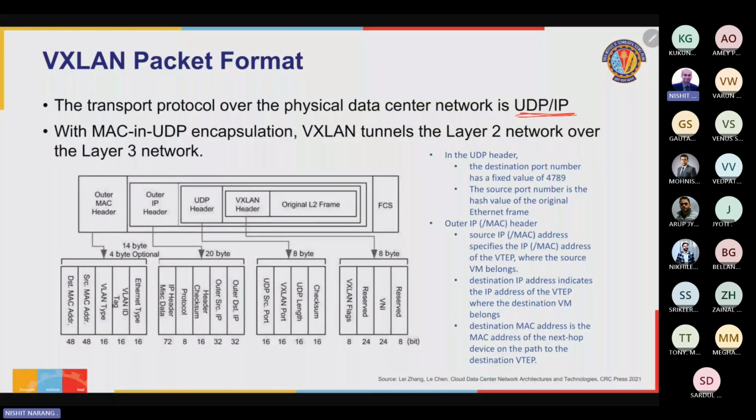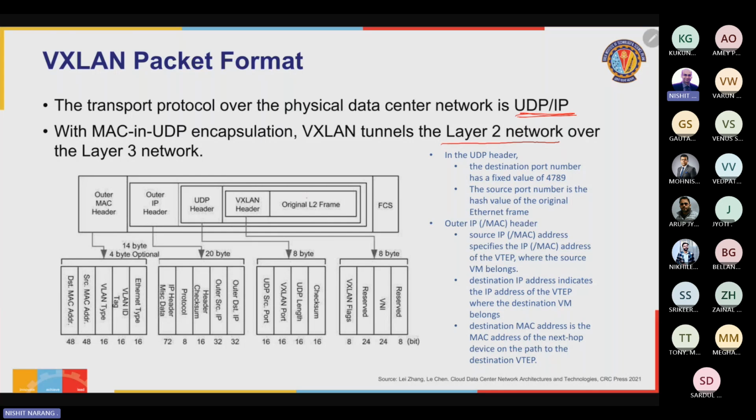UDP is the layer 4 transport protocol used with VXLAN. So in the MAC-in-UDP encapsulation, VXLAN will tunnel the overlay network layer 2 packets over the underlay layer 3 network by first encapsulating them into UDP and then sending them over IP.